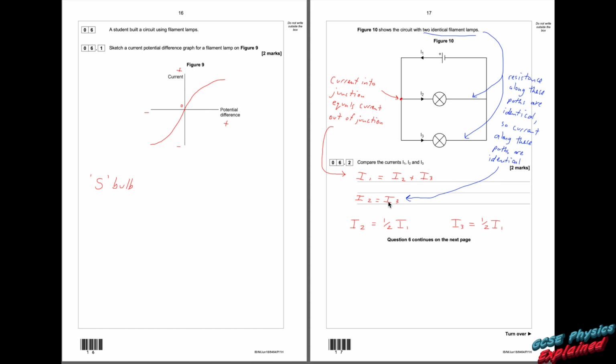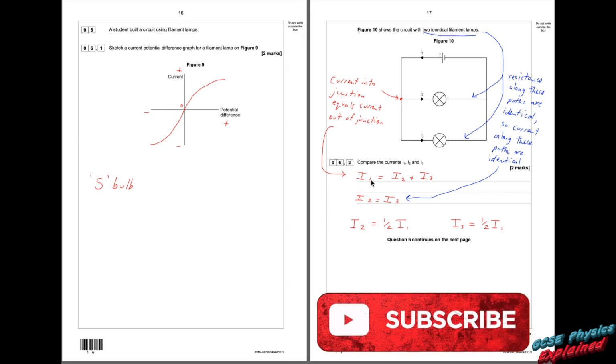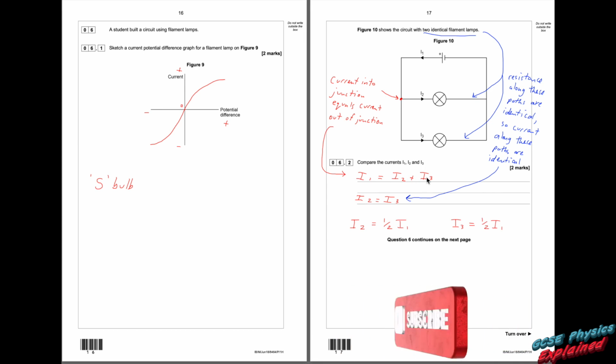And what we also know from Kirchhoff's law is that this current here, the current into a junction, equals the current out of the junction. So I1 is going to equal I2 plus I3. And that's what we've got there. And since this path here is identical to this path here, we know that I2 is going to be half of I1, and also I3 will also be half of I1, because the current is split perfectly in half in this example.